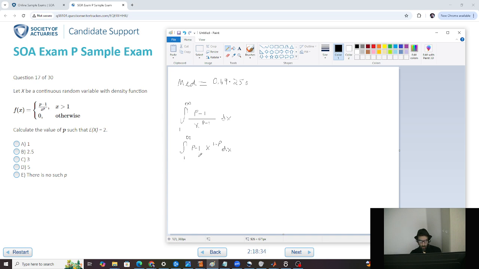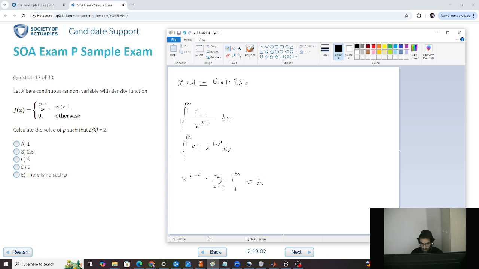Raise the power by 1 and divide by the new power. Let's write x to the 2 minus p times (p minus 1) over (2 minus p), from 1 to infinity, must equal 2.